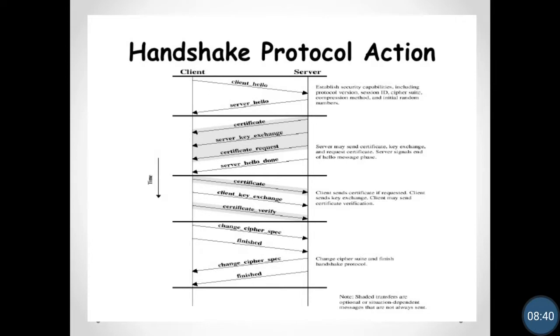In the fourth phase, we change the cipher specification. This is changed by the client and also changed by the server, and finished messages are sent by the client and server. These are the 4 phases of the handshake protocol and all the parameters associated with this protocol.